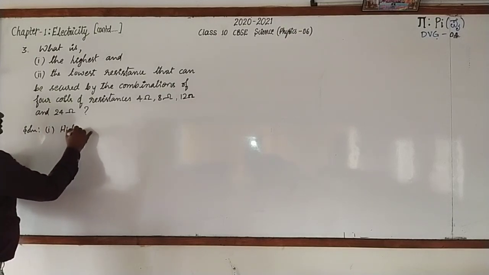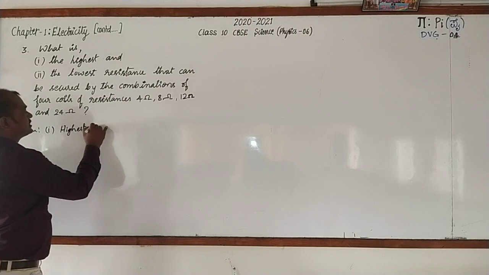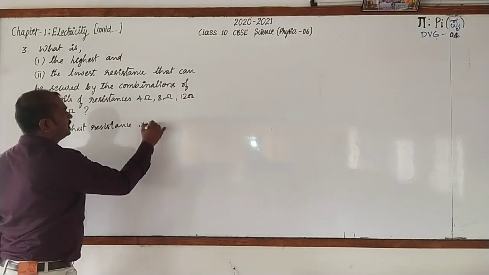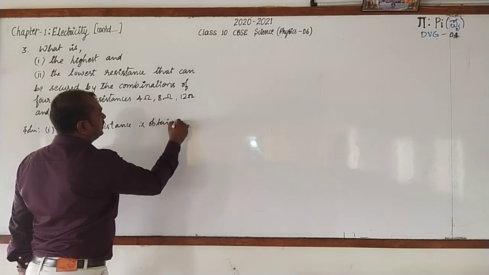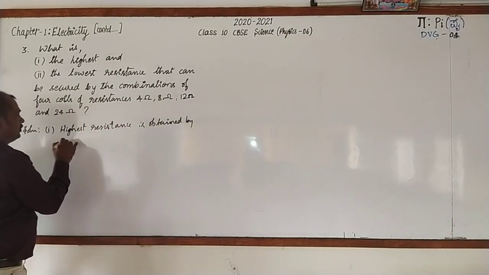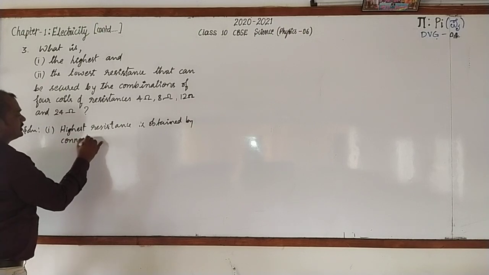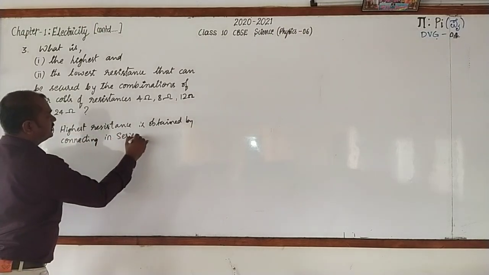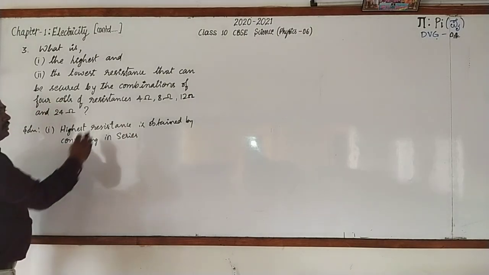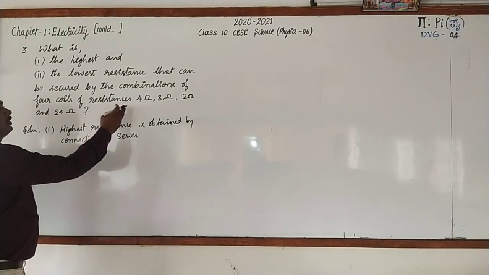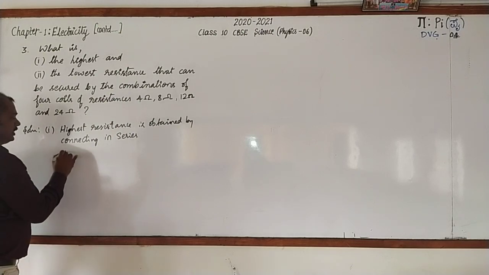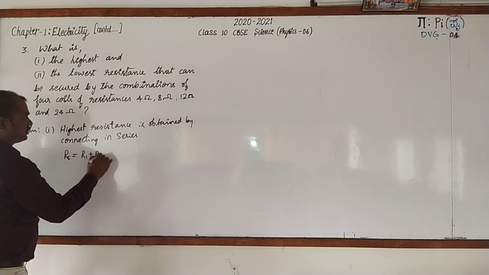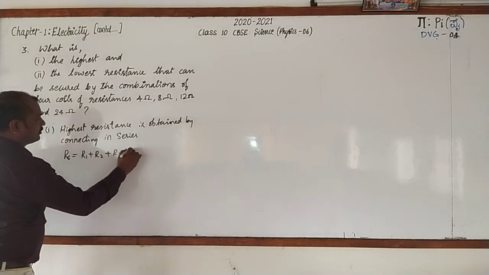Here I will write, highest resistance is obtained by connecting the resistors in series. Directly I am writing. Clear? How many resistors are there? 4 are there. So I can write Rs is equal to R1 plus R2 plus R3 plus R4.